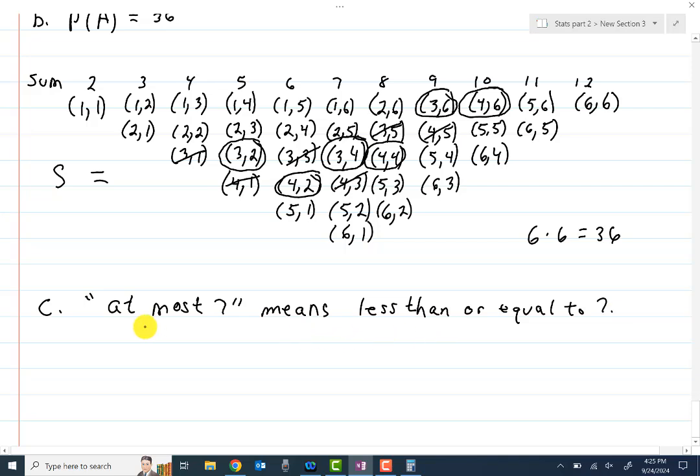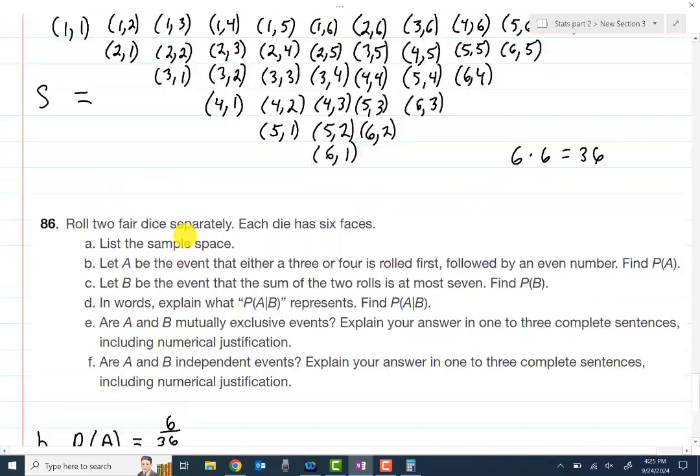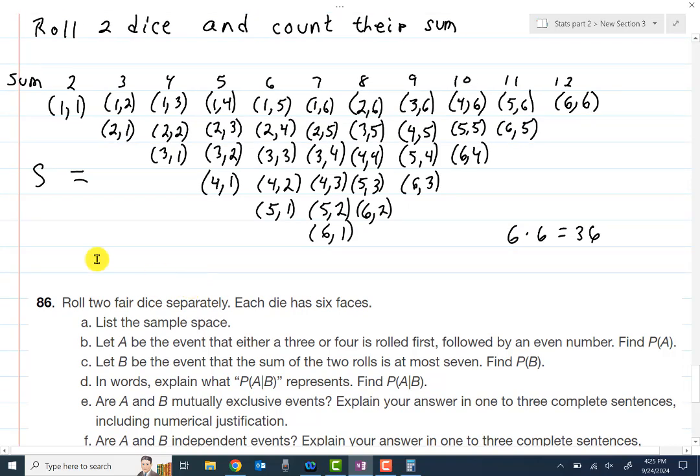In other words, we want less than or equal to 7. So those that not only add up to less than 7, but we also want to grab those that add up to 7. So let me come back up here to my numbers. And this is going to be easy for us because that's going to be this column of numbers, and those to the left, those are the ones that have the sum of less than 7.